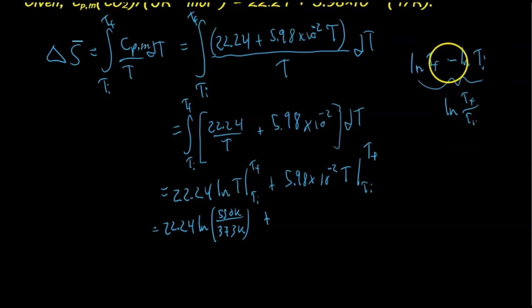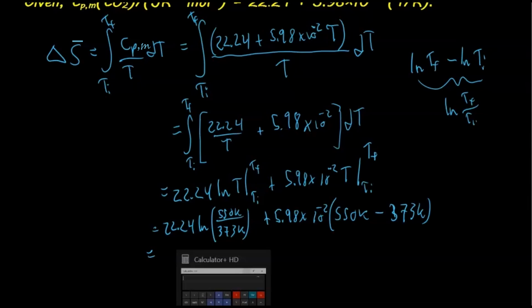These are equivalent. The difference between logs of the same base is equal to the log of the ratio of the arguments, and make it into one log. But this one is subtraction, so 5.98 times 10 to the negative 2, and that'll be from T final, which is 550 Kelvin, to 373 Kelvin.